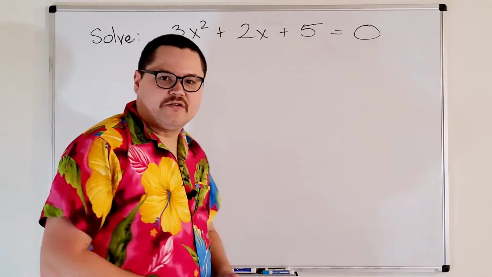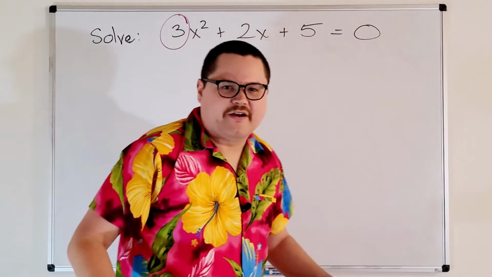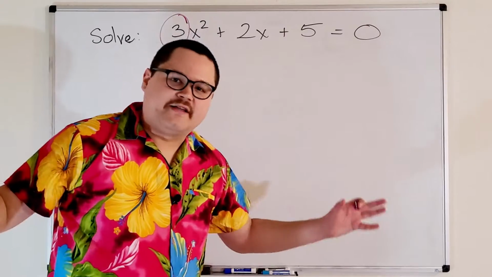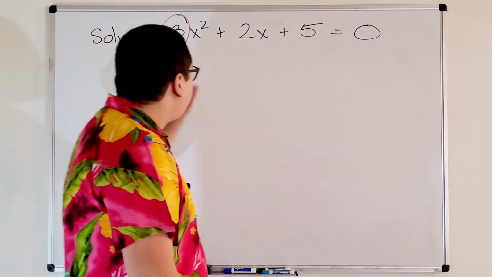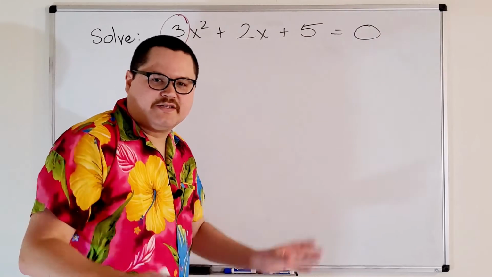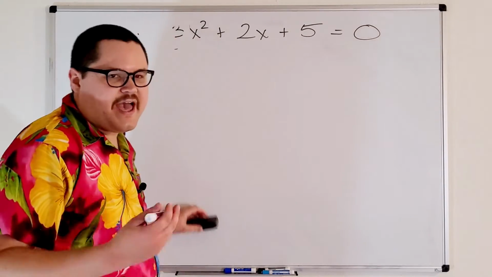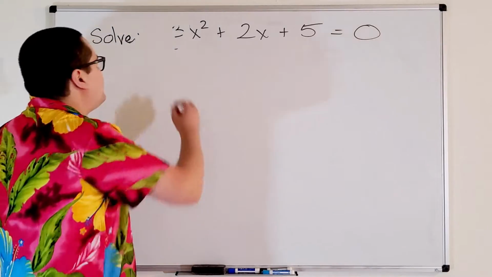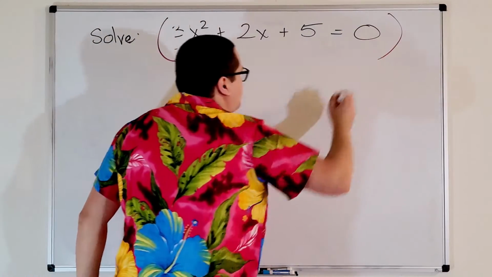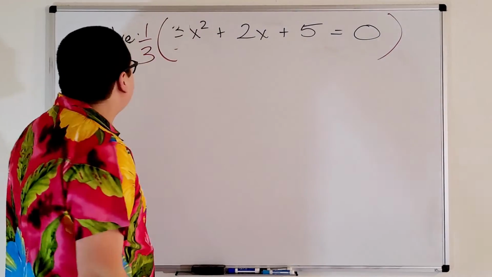First thing to observe, we have a coefficient of x squared here. We have a 3. That's an uh-oh alert. Whenever that happens, we have to multiply both sides by the reciprocal. Equivalently here, that would be dividing every single term by 3. Right, so we're multiplying everything by 1/3 or dividing everything by 3.